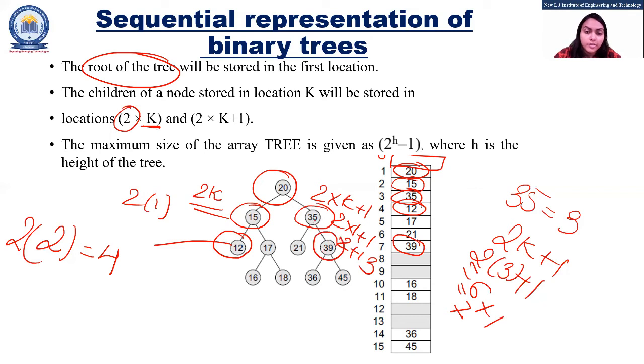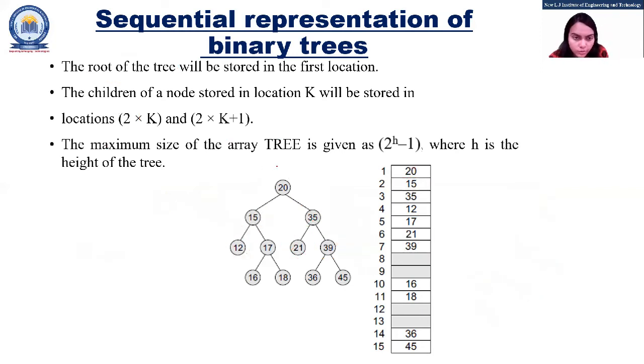Now where will 30, the left of 35, be stored? If this is at the third location, this would be at 2 into 3. Once again, let's see this. This is stored at the first location. This is 2 into 1, the second location, and this is 2 into 1 plus 1, the third location.